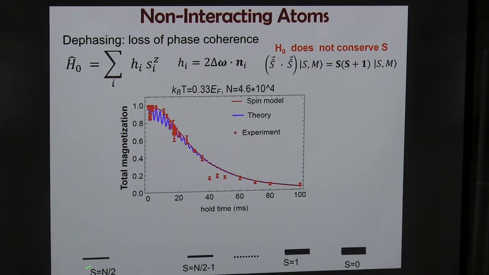So the atoms start with S equal to N/2. Because this Hamiltonian doesn't commute with this operator, as a function of time the gas is going to demagnetize and populate other manifolds, and this is another way to characterize dephasing. The demagnetization is determined by the variance of this inhomogeneity.